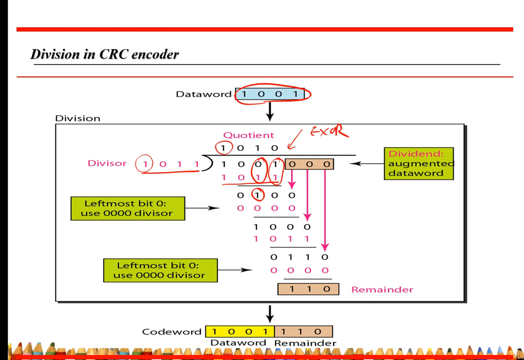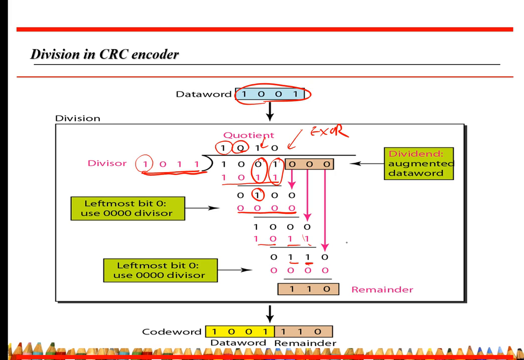For the next one, we apply 0 times this, right? So this 0, and then the third bit, this much, 1 0, and 1 times the 1011, like this. If different, 1 1, and if the same, 0 0, right?